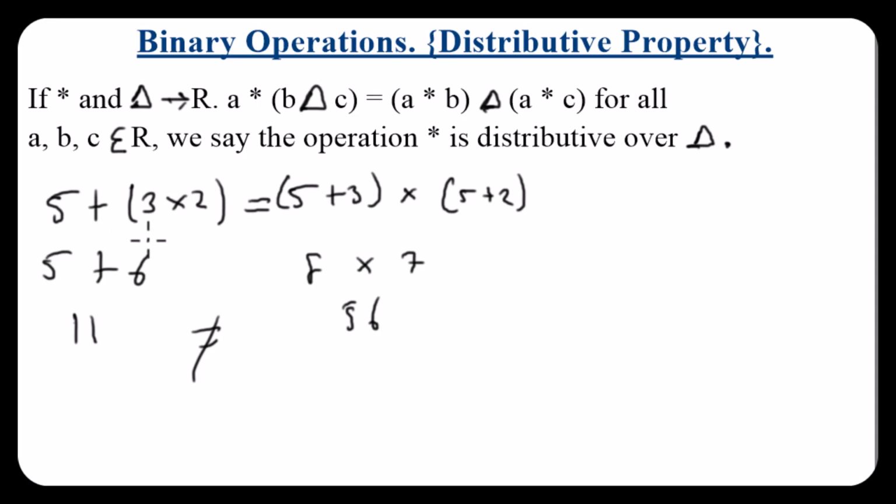Also, subtraction is not distributive over multiplication. I have not demonstrated it here, just not to make the video extremely lengthy, but that also is valid. So subtraction is not distributive over multiplication, but multiplication is distributive over addition, and also multiplication is distributive over subtraction. So those ones are valid.